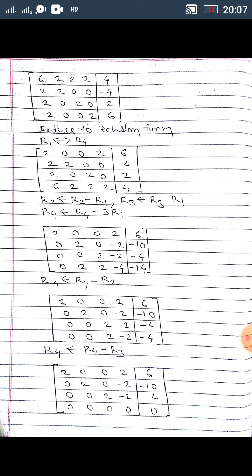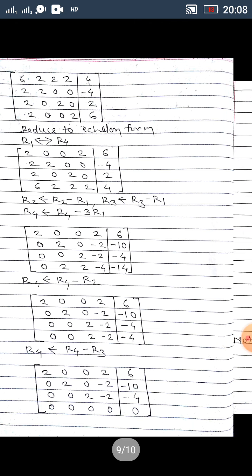Again in R4, because R3 and R4 are the same, we can subtract to make R4 0. R4 minus R3. So R1, R2, R3 are as they are. So 2 minus 2 will become 0, minus 2 minus minus 2 becomes 0, minus 4 plus 4 will become 0.